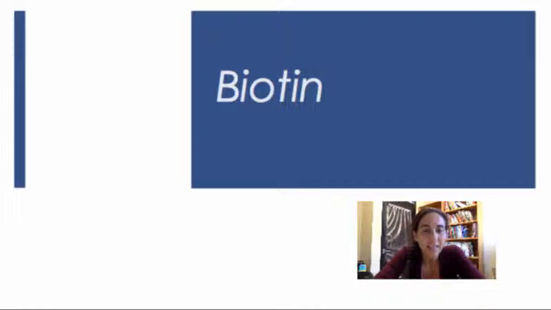As you will see in this PowerPoint presentation, biotin acts as a coenzyme to several key carboxylation reactions. So this is in contrast to thiamine, which acts as a coenzyme to decarboxylation reactions. Biotin is involved in the carboxylation reactions.